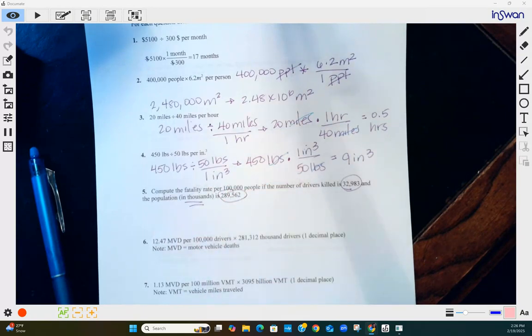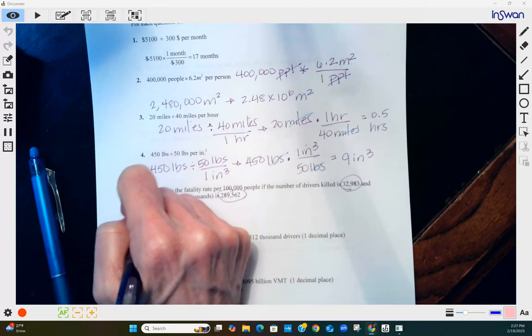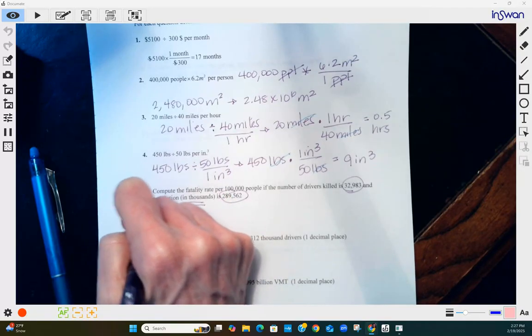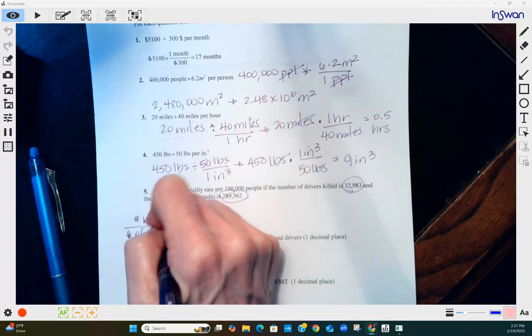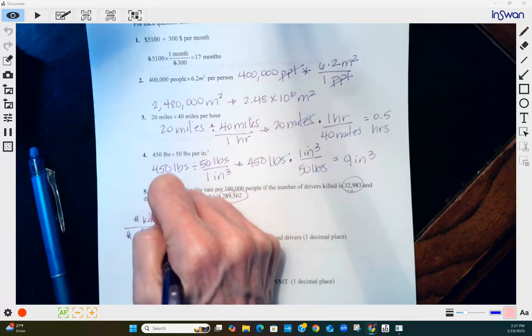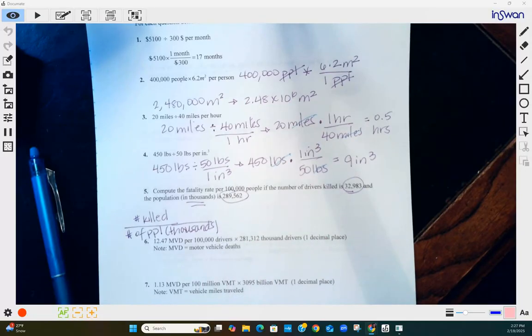And whatever it says it wants to be, per 100,000 or per person, you get your number for your rate and then you multiply by that. So here it's going to be the number killed divided by number of people in thousands though. So whenever they attach those numerical words to the actual numbers, that has to be involved.